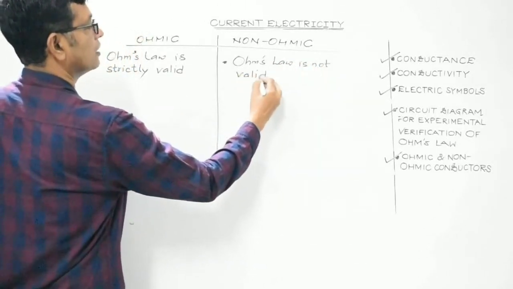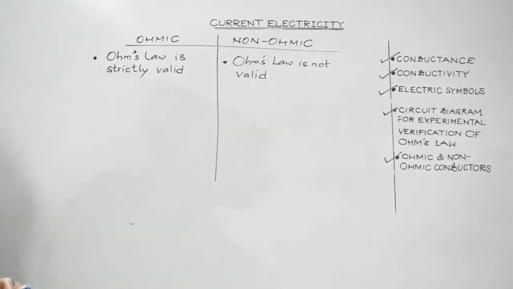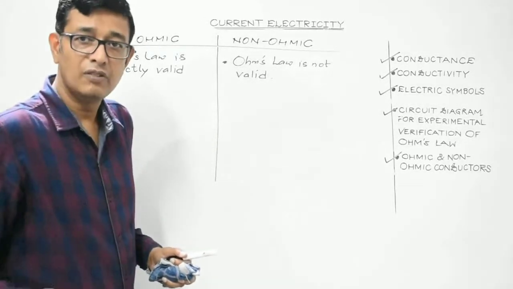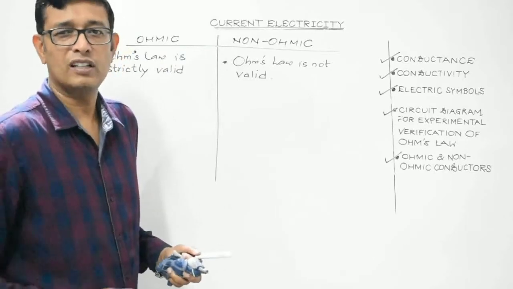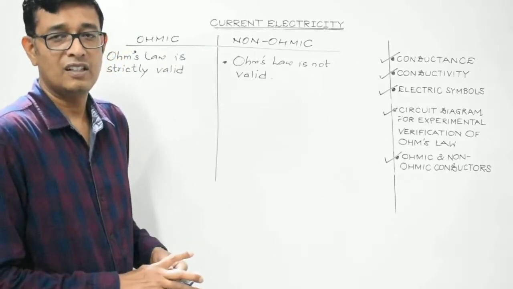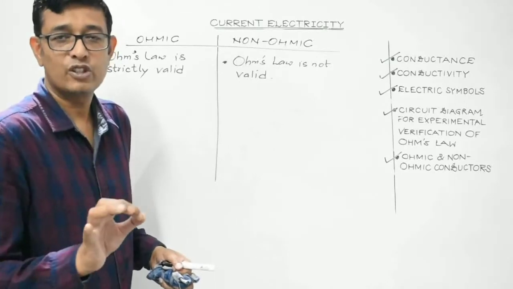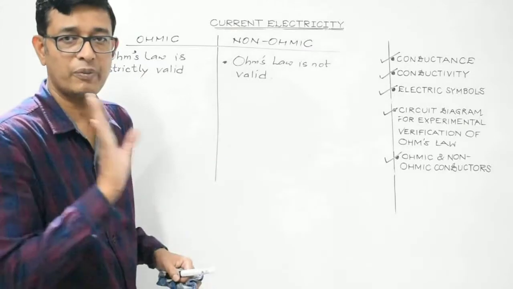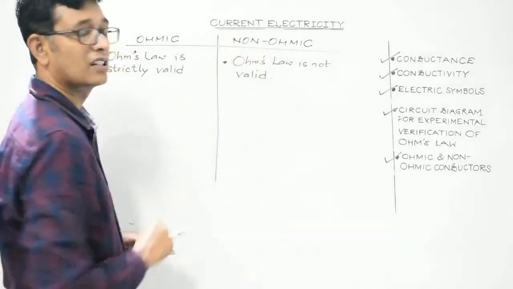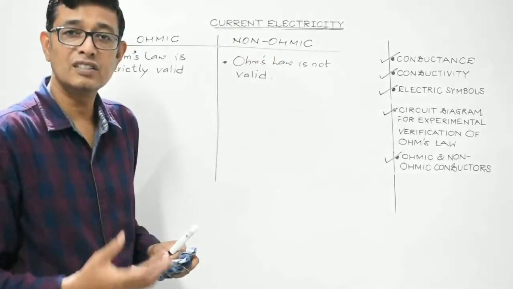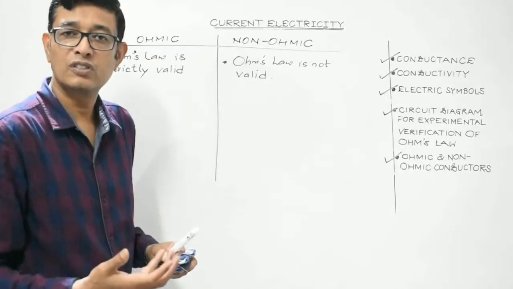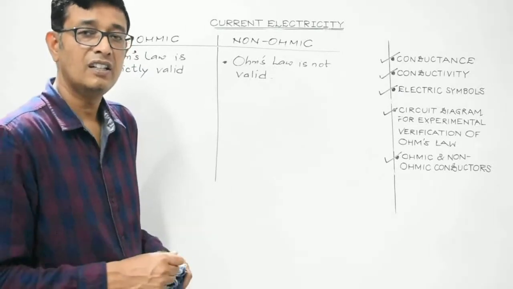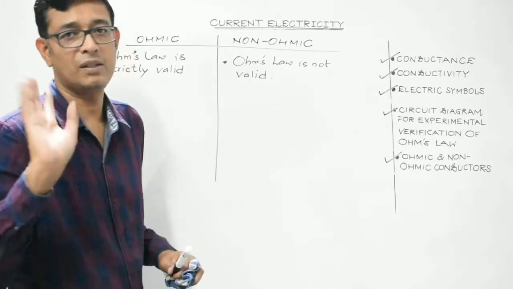Ohmic conductors are like aluminum, copper, silver, iron; these are all good conductors of electricity, in which Ohm's law is strictly obeyed, provided physical conditions remain the same. Non-ohmic conductors are like thyristors, diodes, transistors; these are semiconductor devices where Ohm's law is not applicable.